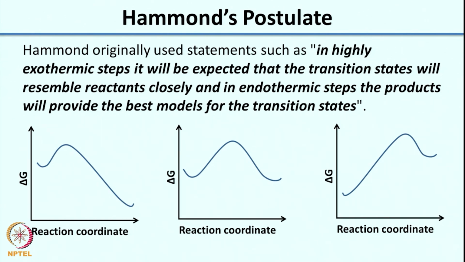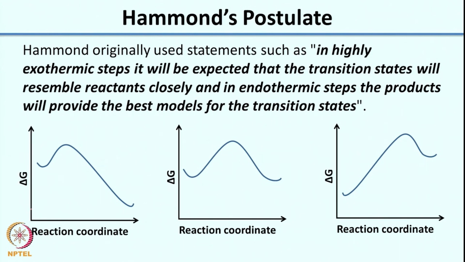What it says is that in highly exothermic steps, it will be expected that the transition states will resemble reactants closely, and in endothermic steps the products will provide the best models for the transition states. So, this is essentially the exercise that we had done in the previous slide.